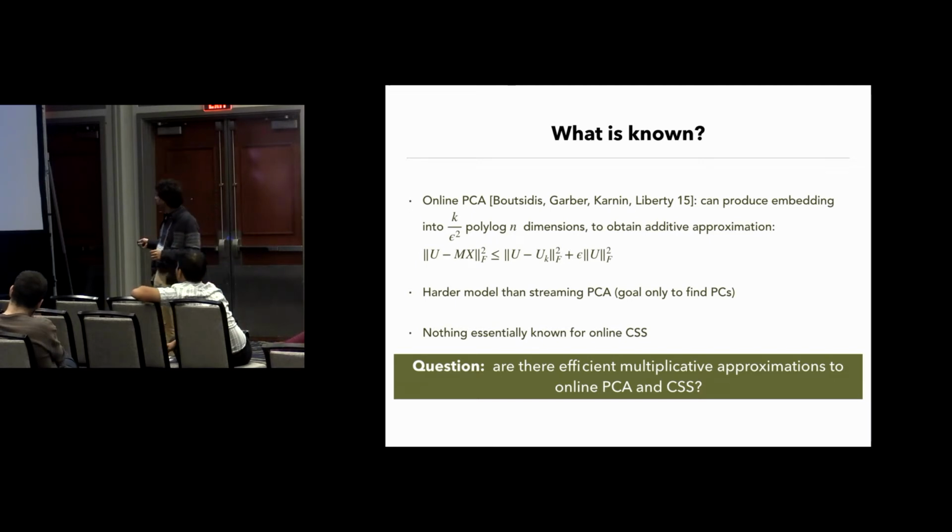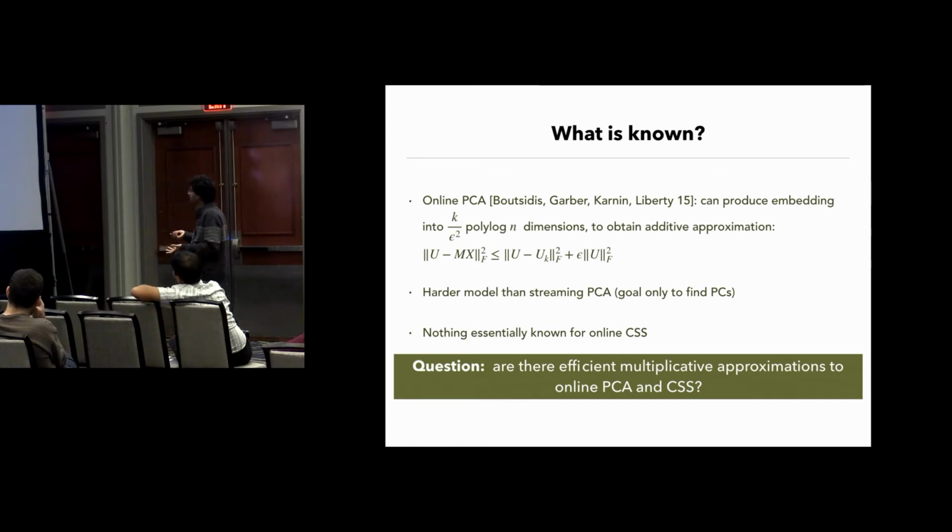And the online model turns out to be much harder than streaming PCA. In streaming, you can actually get multiplicative approximations. But so far, the best thing known for the online version of PCA was just this additive error bound. And nothing essentially was known for the online version of column subset selection.